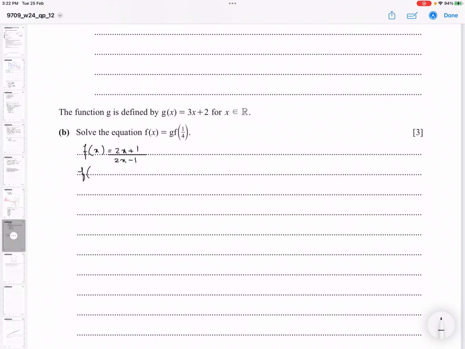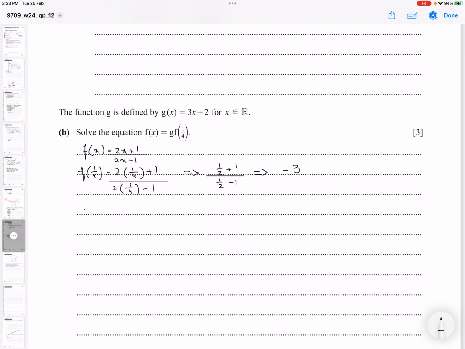So f of 1 over 4 would be 2 times 1 over 4 plus 1 over 2 times 1 over 4 minus 1. This gives me 1 over 2 plus 1 over 2 minus 1, and further it gives me negative 3.